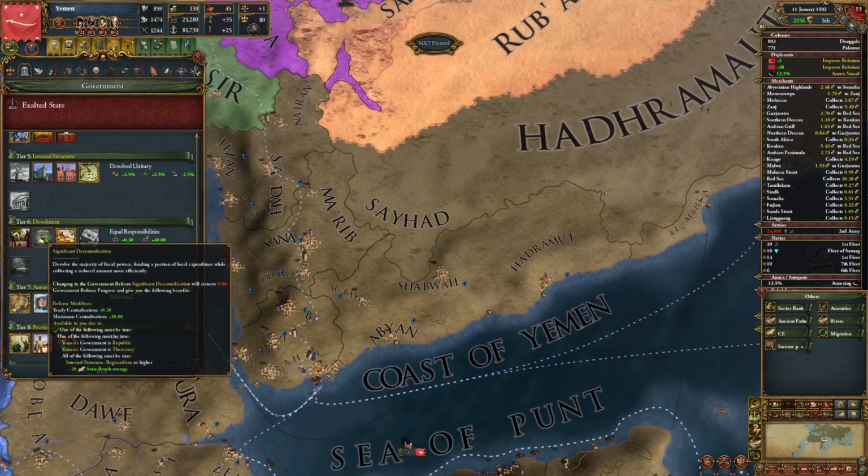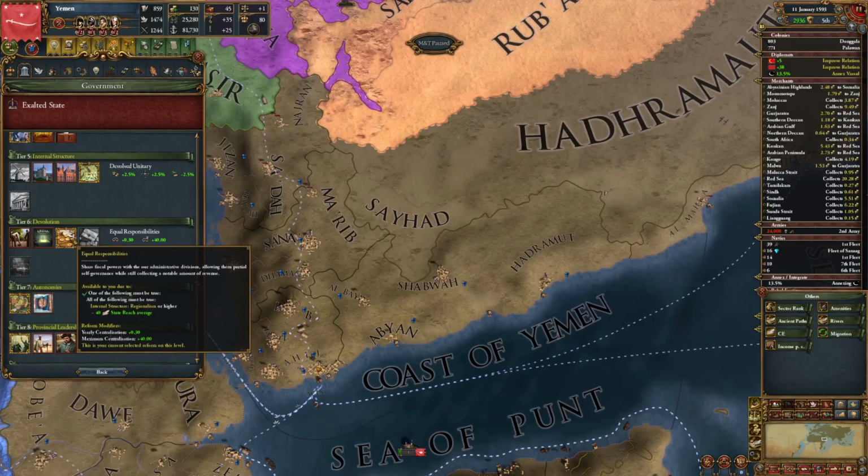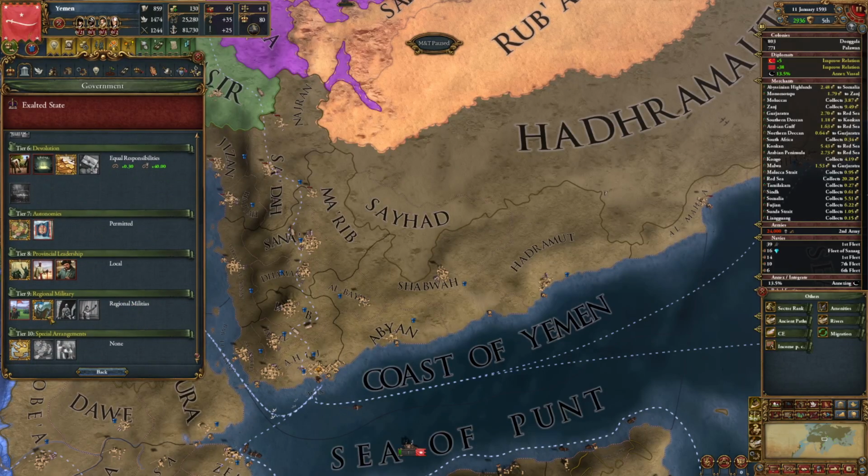But as you can see here, the conditions for having that is that you're either a republic or theocracy, or you have 20 state reach, basically. And you have also here in equal responsibilities, for example, the condition to have 40 state reach. And yeah, so that's basically what you can do here.